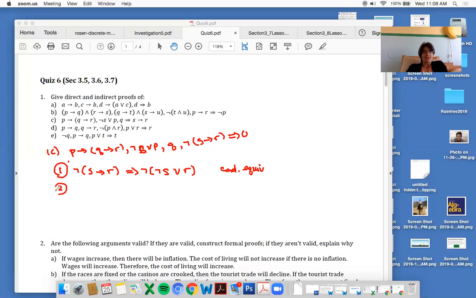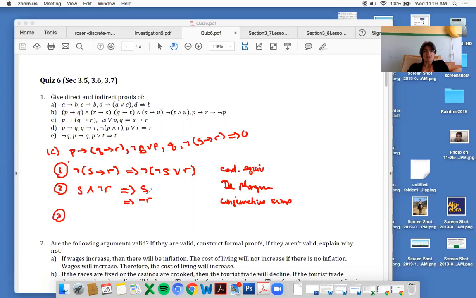If I negate that, using De Morgan's law, it's going to be S and not R. Because this is a conjunction, it implies S, and it also implies not R. That's the conjunctive simplification.